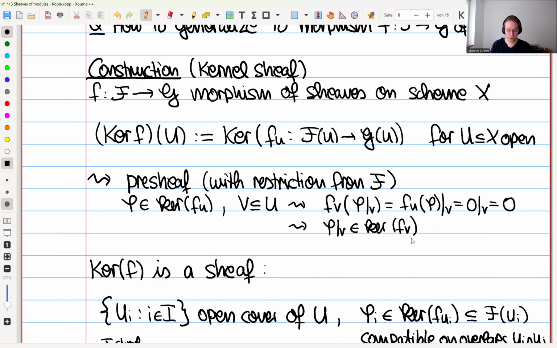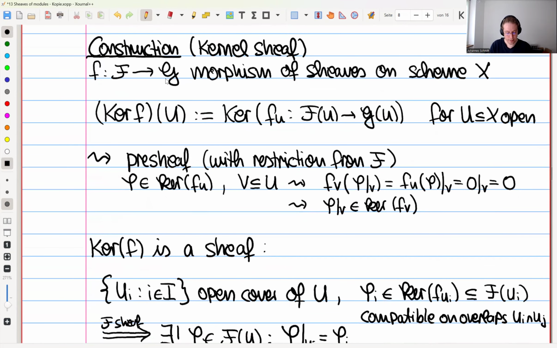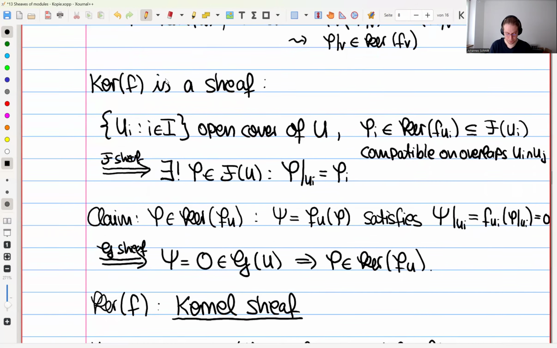This shows the restriction maps that we now defined make it a presheaf, but it's also a sheaf. For this, we will have to use that both the domain and the target are sheaves themselves. We use this at 2 different points.